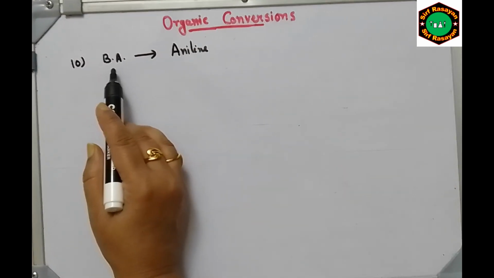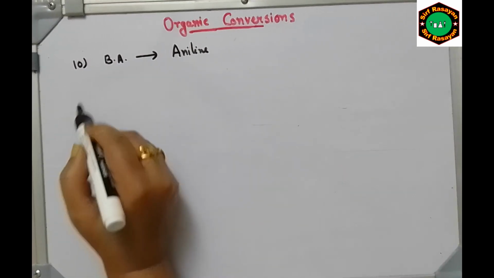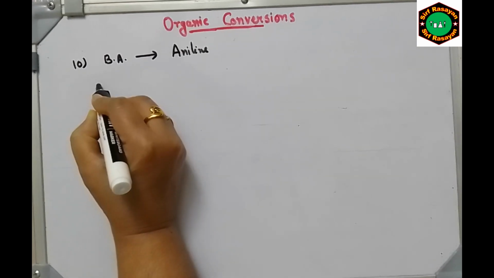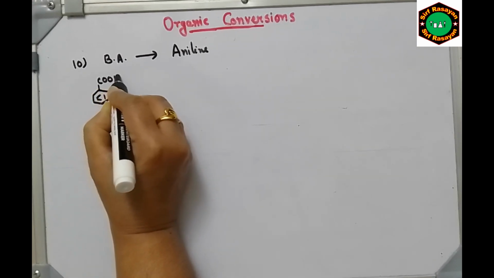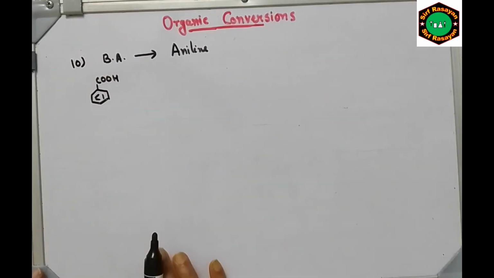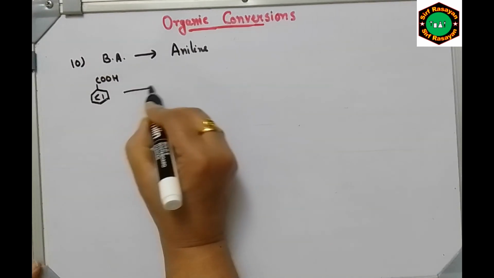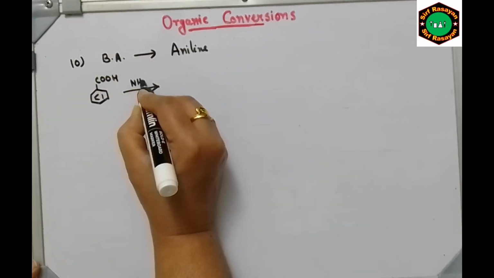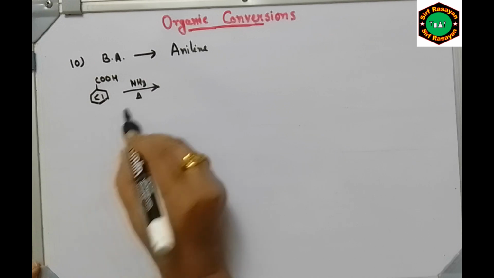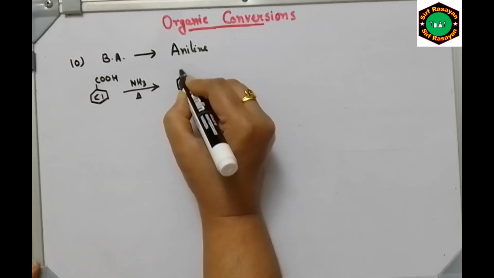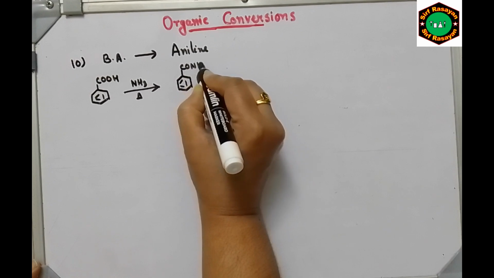Next conversion is benzoic acid to aniline. In short I have written benzoic acid to aniline. What is the structure of benzoic acid? And what is aniline? You know, in benzene ring NH2 group is there. So similarly you have to do like previous method, you have to treat it with ammonia. You have to heat it. So directly we can write this product CONH2.